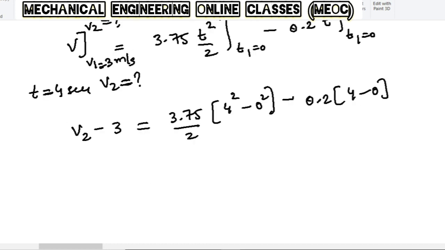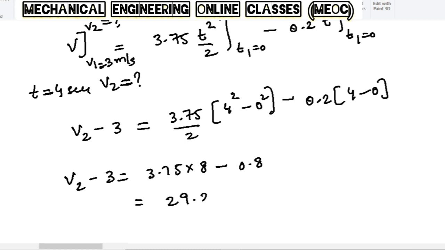So v2 minus 3 is equal to 3.75 multiplied by 16 by 2, which is 8, minus 0.2 into 4, which is 0.8. So this will become 29.2.